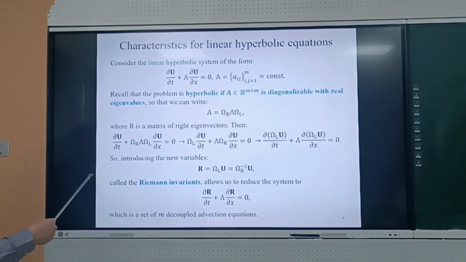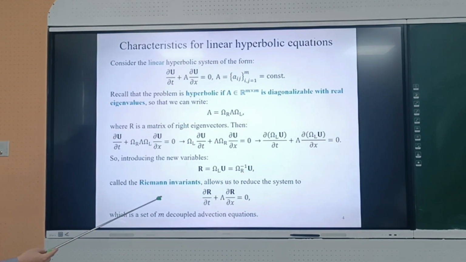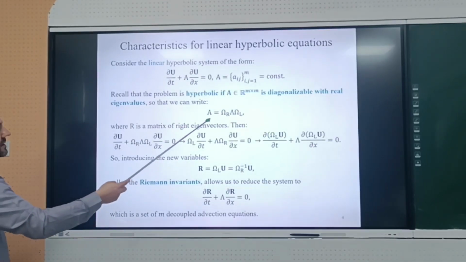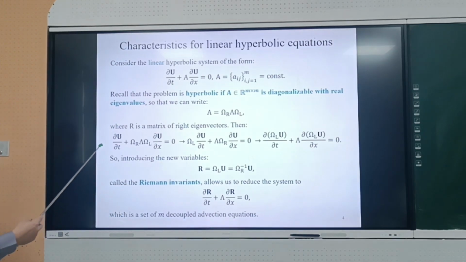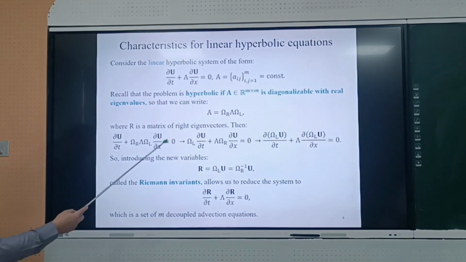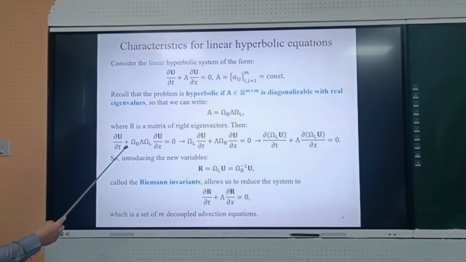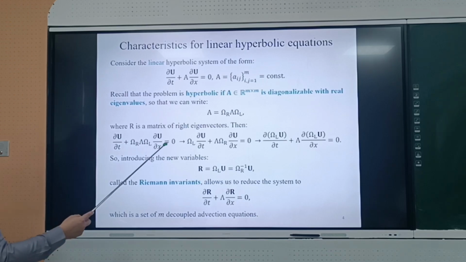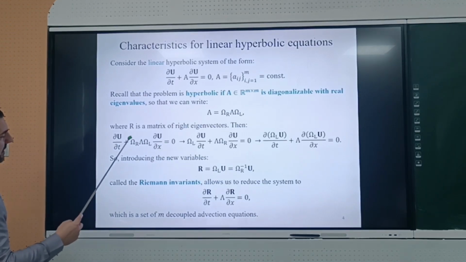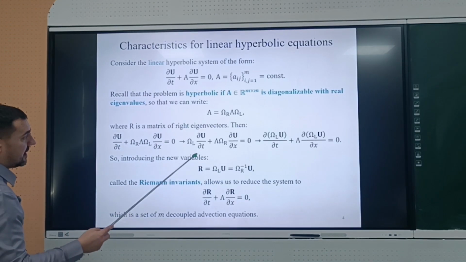There's a standard procedure if we know this representation of matrix A. We put it into the equation, then multiply to the left by matrix Ω_L. Ω_L is inverse to Ω_R, so this product gives us the identity matrix.